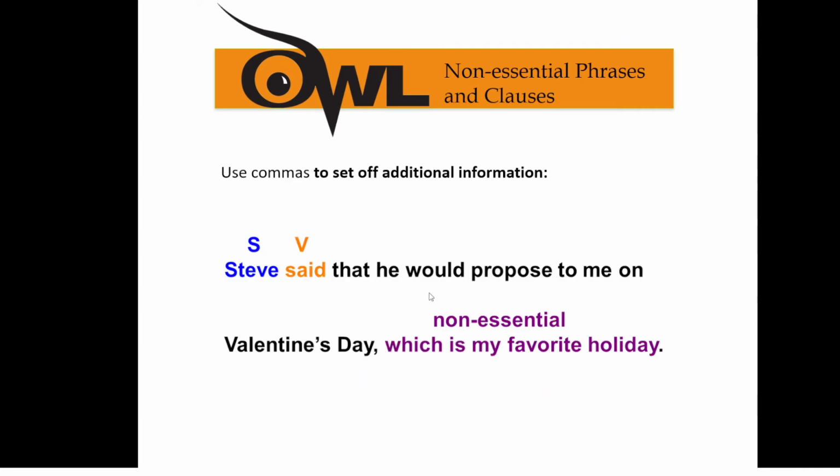Okay. So additionally, we can have these non-essential clauses placed not in the middle, but perhaps at the end of a sentence. Like Steve said he would propose to me on Valentine's Day, which is my favorite holiday. Right? Not necessarily critical to this proposal question.